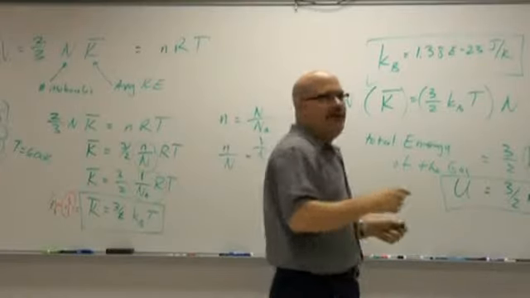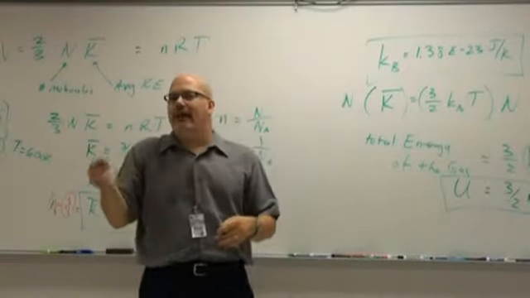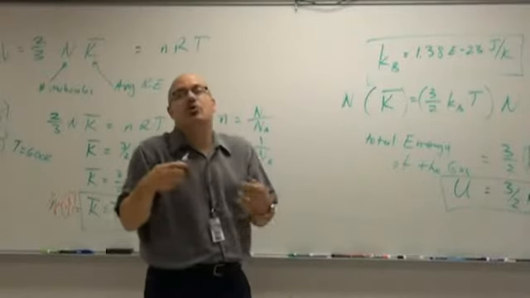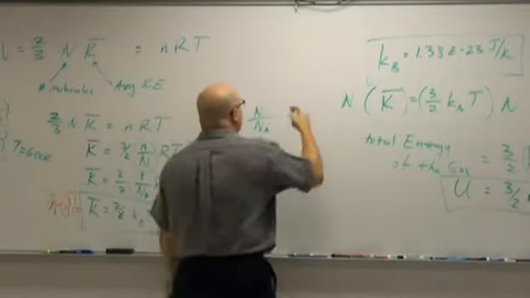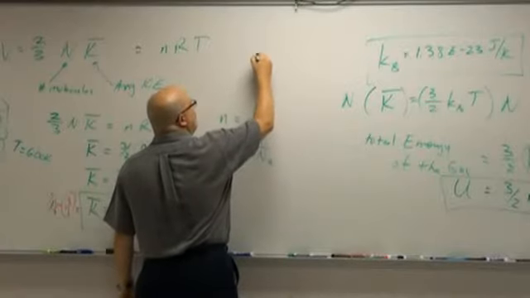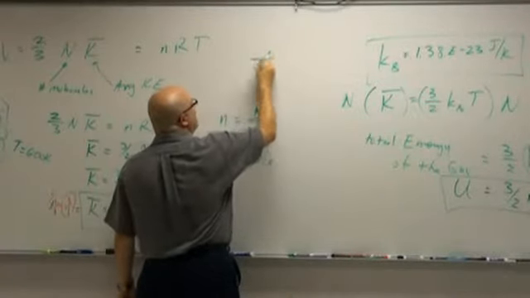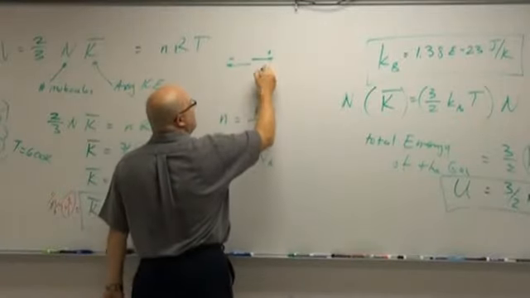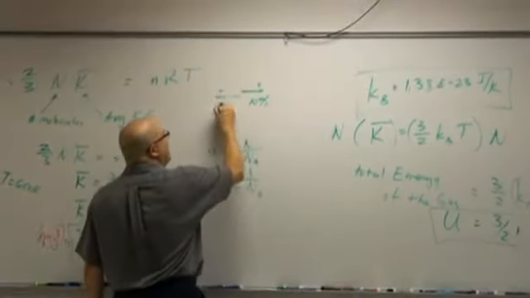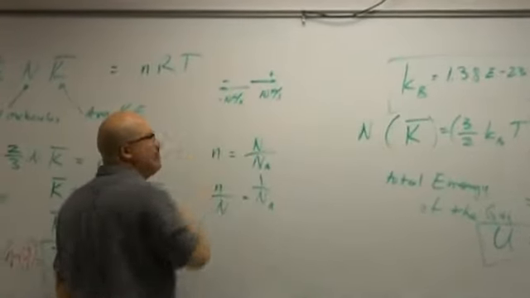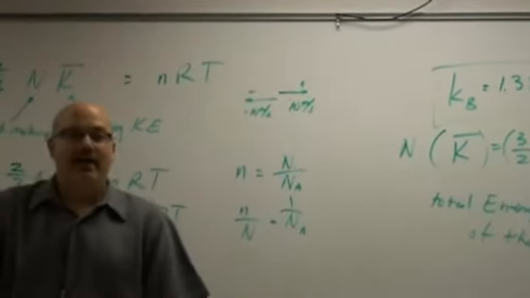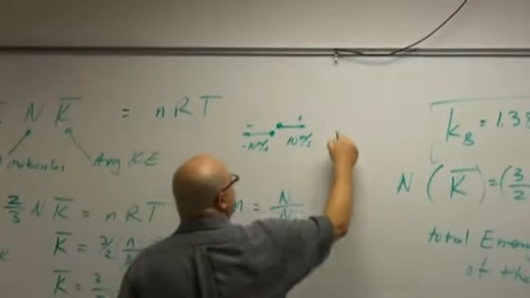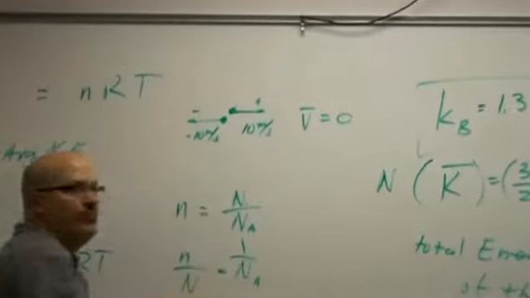So a way to find an average of something that averages out to be 0, even though they're moving, is to do this. If you call this positive and that negative, just to make it easy, say I have 10 meters per second that way and negative 10 meters per second that way. The average velocity of these two particles is 0.